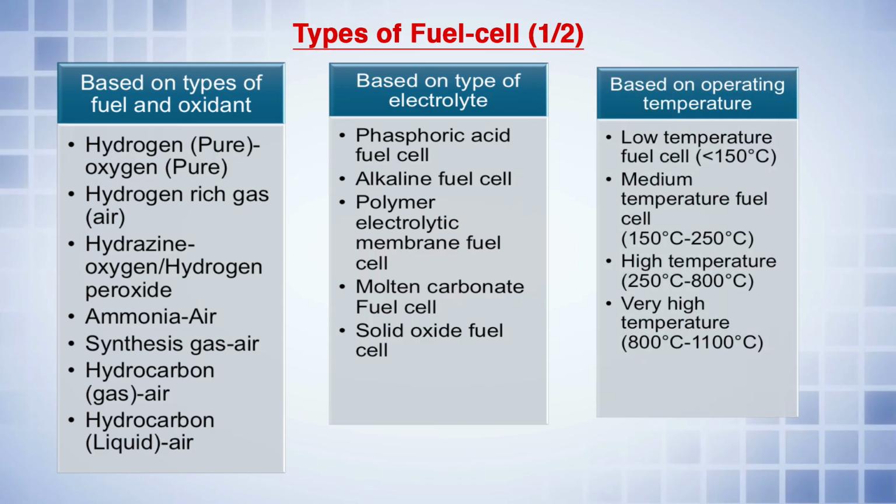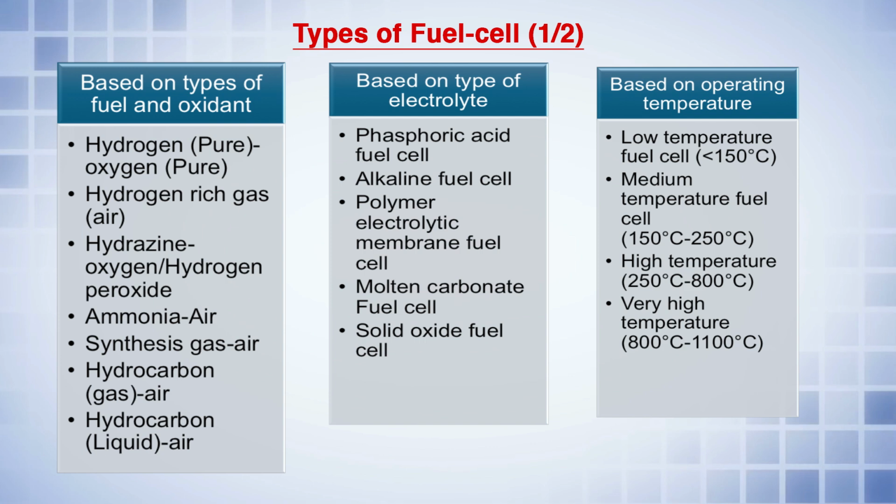The next one is based on the operating temperature. Whenever we operate the fuel cell below 150 degrees Celsius, it is considered a low temperature fuel cell. Whenever we operate it between 150 and 250 degrees Celsius, it is considered a medium temperature fuel cell.